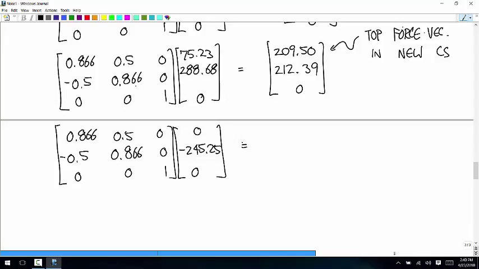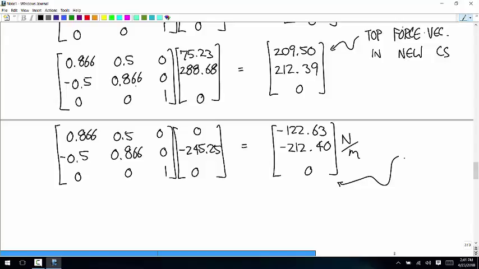What's that? Okay. 4, 0, and then 0. And this is Newtons per meter. I didn't write the units on the other one, but we have to remember that this is a distributed load vector. So this is the distributed load in the new coordinate system.